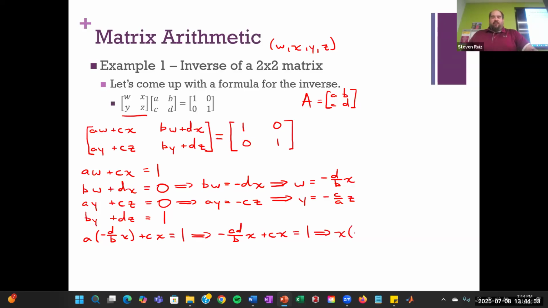If I factor in x, I get what? c minus ad over b equals 1. So x is going to be equal to what?